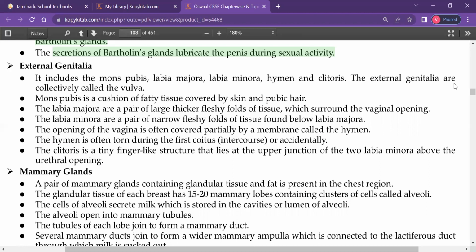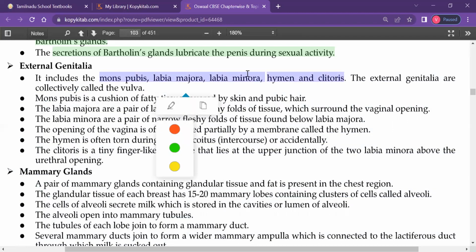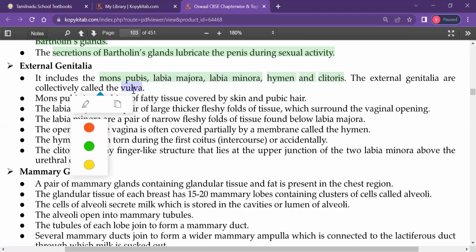The external genitalia are collectively called the vulva. All right, collectively called the vulva.